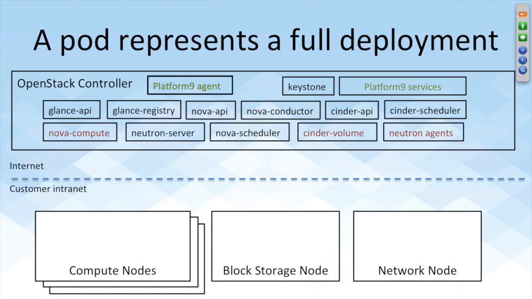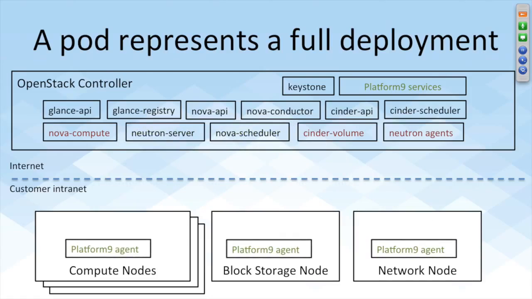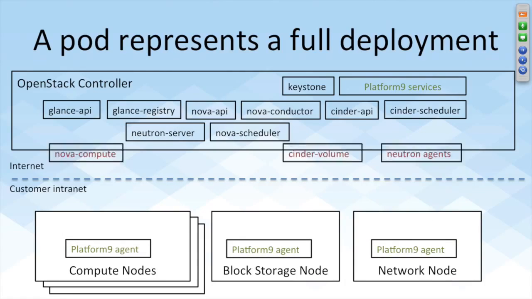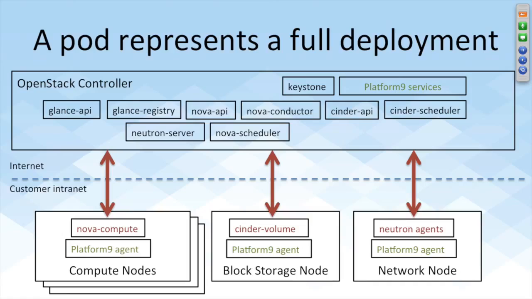So as I said earlier, a pod represents a full deployment of our product. So when we create a pod, we will deploy an environment that looks very much like what our customers would see. So it will have an OpenStack controller. We will automate or simulate the installation of the agent, and we will also automate the installation of the OpenStack agents, and then we establish communications.